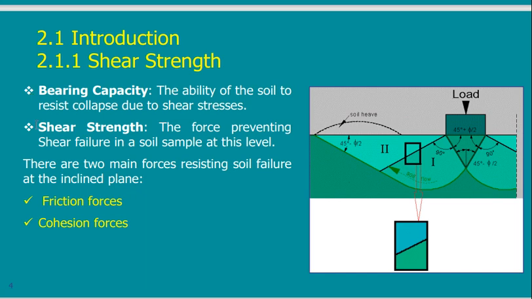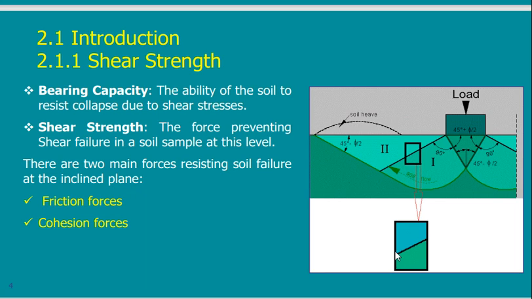We'll concentrate on this in the next slides, but from this slide I want you to take that I have something called frictional forces and cohesional forces. By the way, friction comes from the phi of the soil. Cohesion comes from the C of the soil. So C and phi of the soil both contribute to the shear strength, or the bearing capacity, of the soil.